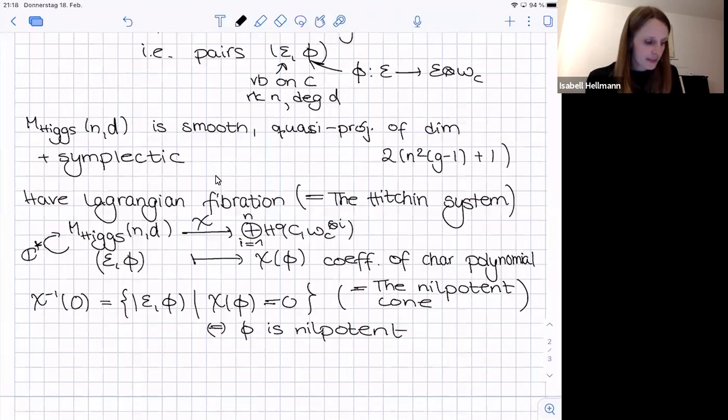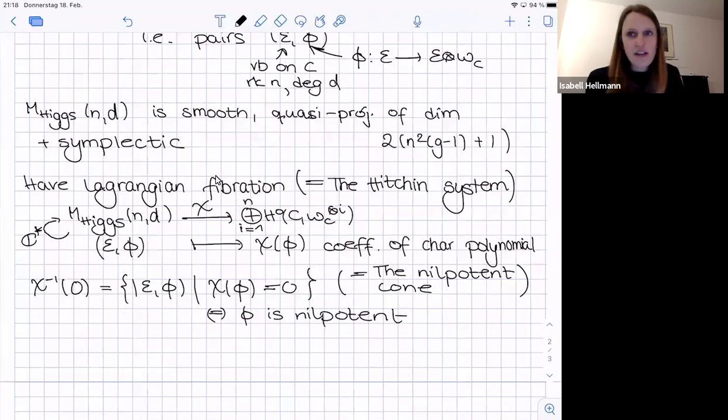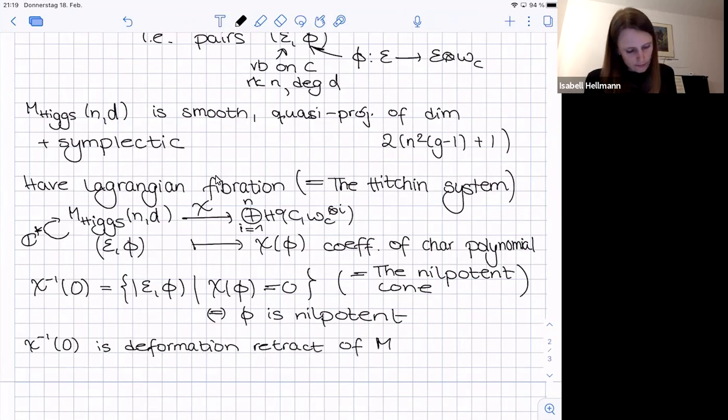And then the C star action retracts everything to the fiber over 0. So this nilpotent cone is a deformation retract of the moduli space of Higgs bundles, so it carries all the topological information. For example, if you want to compute the cohomology of this moduli space of Higgs bundles, you're good if you understand the nilpotent cone.